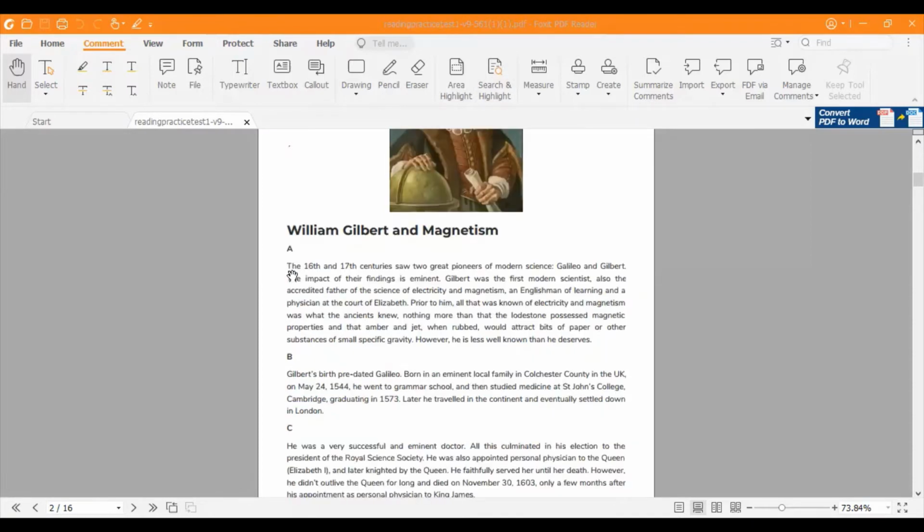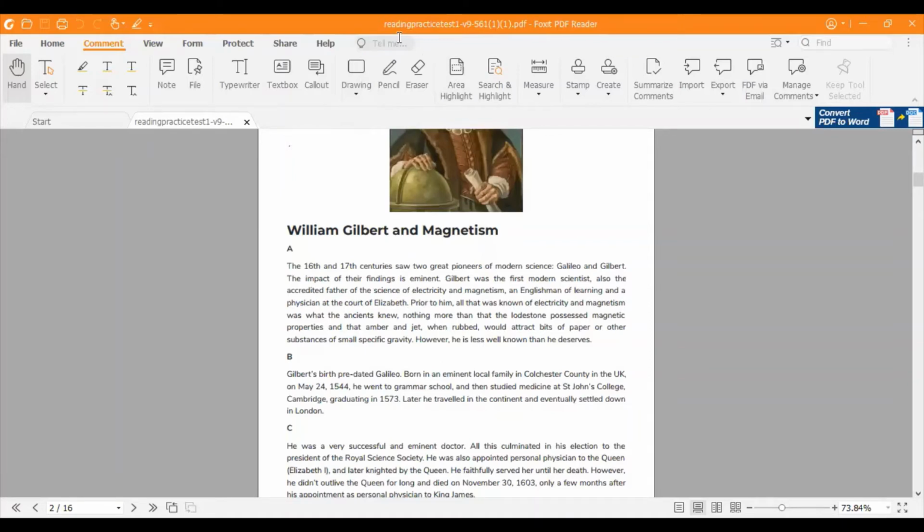All right, so first of all, he said the 16th and 17th centuries, two great pioneers of the modern science, who are Gilbert and Galileo. So this is the topic sentence, the most important sentence. If you want to read the second sentence, it's okay. But this one, there will be support sentences.